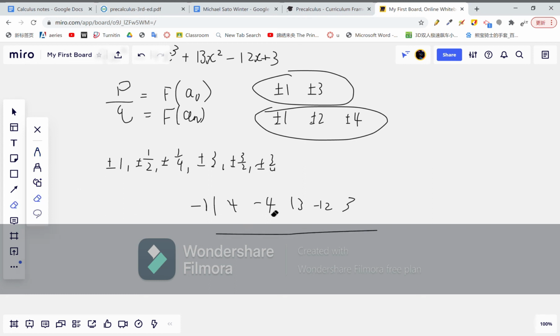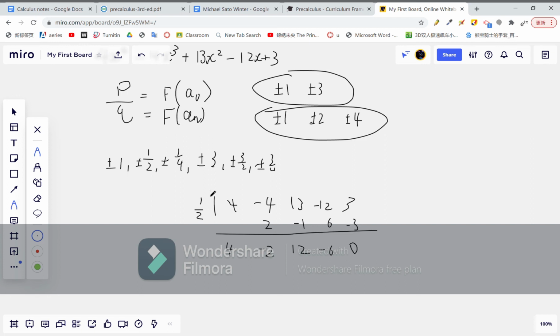What choices do we have left? We have negative 1/2 left. 4, negative 2, negative 1, 12, we get 6, negative 6.